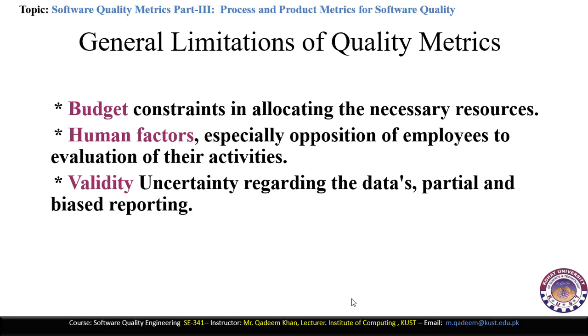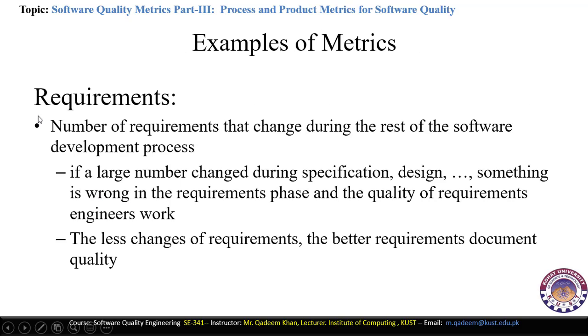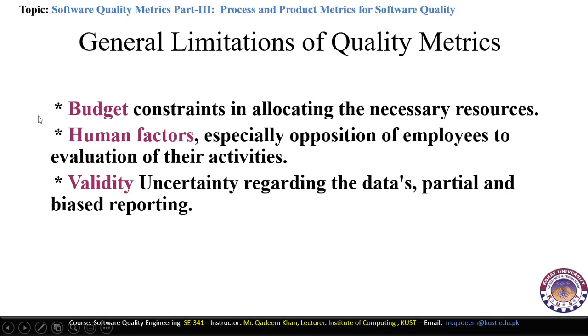So first, general limitation of the quality matrix is the budget constraints. Budget constraints is in allocating the necessary resources. So measurements of the quality matrix require high budgets. If there is low budget for the matrix collections or matrix computation, that means that we cannot conduct good quality matrix shares.